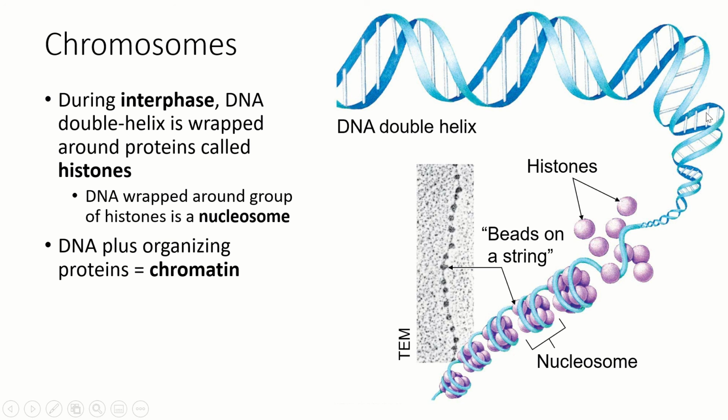It twirls, it swirls and does this helix. And it's actually not just randomly floating around. It's actually really well organized, wrapped around these groups of proteins called histones. And each of these little groups of DNA wrapped around histones is called a nucleosome.